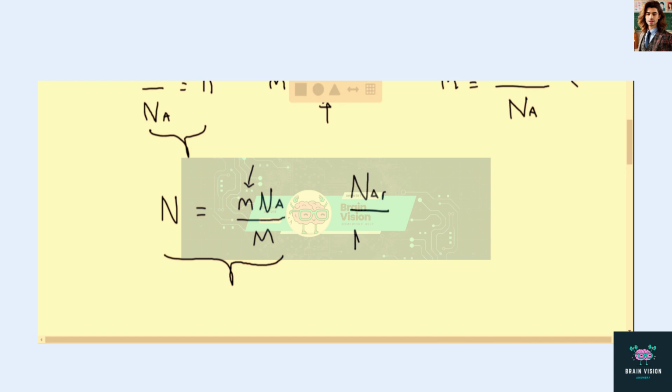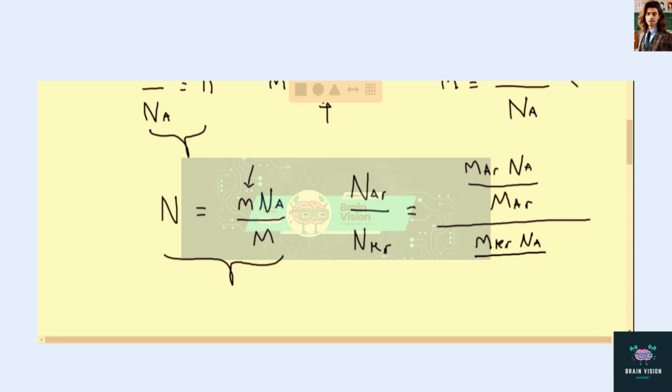So big N for argon over big N for krypton is going to be equal to little m for argon times Avogadro's number over big M for argon divided by little m for krypton times Avogadro's number over big M for krypton. So we can see that Avogadro's number will cancel out because that's just a constant.